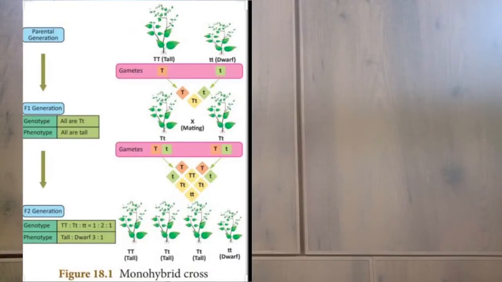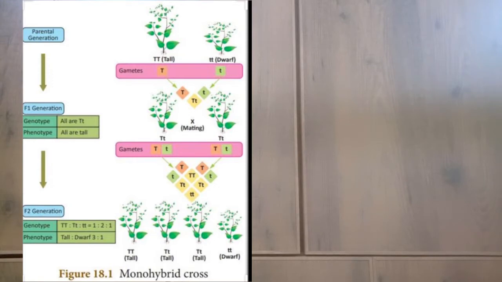You can see that a tall plant which is represented as capital T is crossed with a short plant that is small t. When the tall and short plants are crossed with one another, the result, that is the F1 plants, are all tall plants and they are represented as capital T, small t.